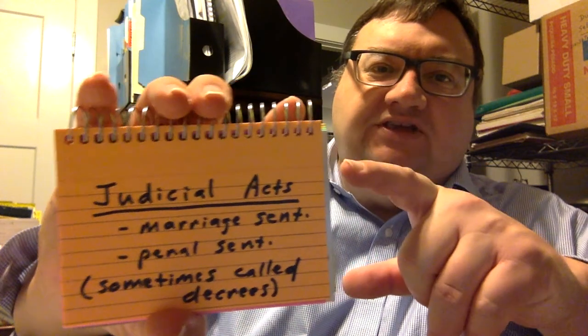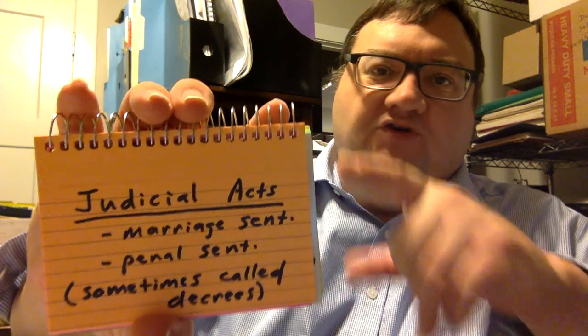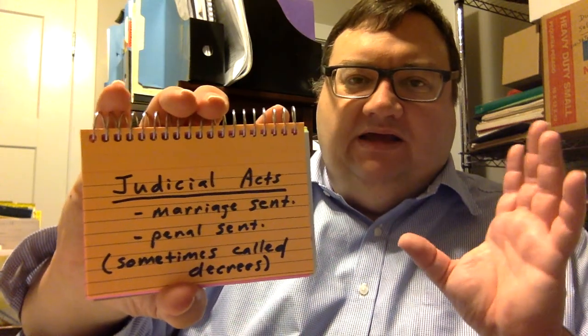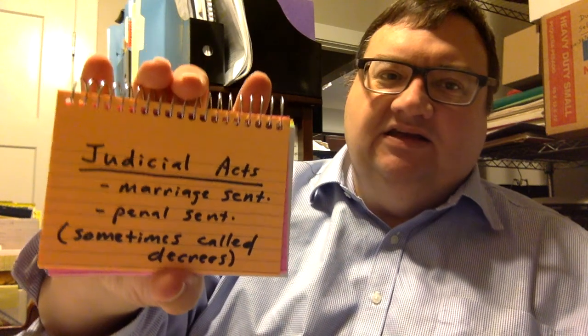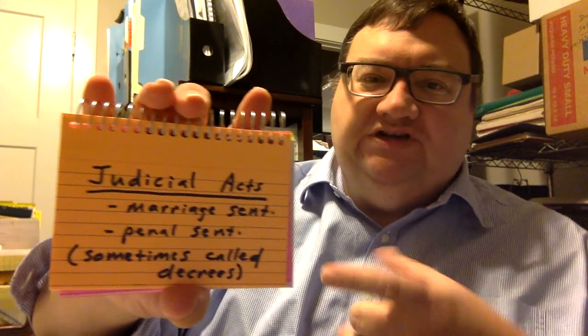Keep in mind, we're using the word judicial here, not the word juridical. We're going to use the word juridical, but just keep in mind, judicial, we're talking about a matter that's really decided by a judge or a tribunal in the church. The key ones would be a marriage sentence or a penal sentence. In my mind, unfortunately, when a case is decided, those are sometimes called decrees.